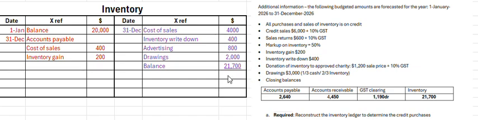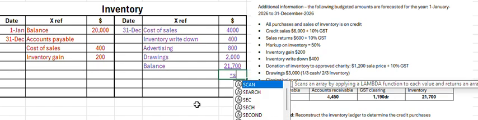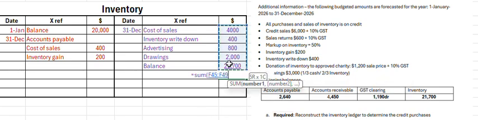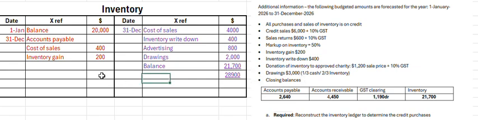We're going to total up the big side in terms of dollars. So let's sum these credit entries. We've got 28,900. You'll need a matching total on the other side for 28,900 on the same row. That's what we need to do when we're reconstructing a ledger.